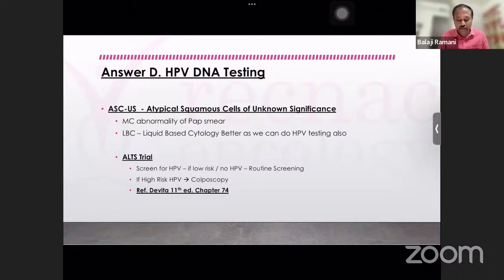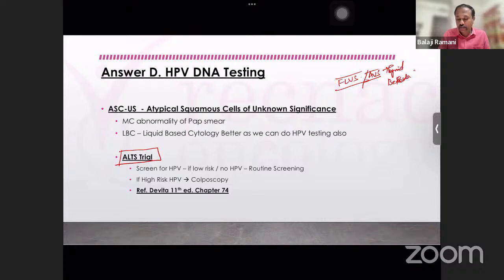Now there is a trial called the ALTS trial, which was basically a triage system where screening was done for patients with ASCUS. ASCUS stands for atypical squamous cells of unknown significance. Just like you have FLUS, atypia of unknown significance, AUS bar FLUS in thyroid. You may remember this in the Bethesda classification as Bethesda 3.